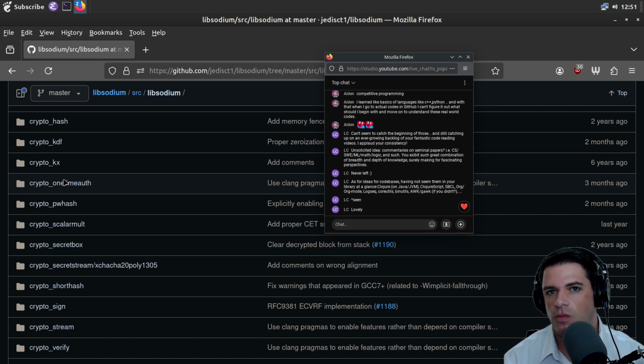And also, straight C is not the most readable thing in the world because you have less typing information than you would have with a more structured approach, like modern C++ or Rust or some other language where types are really a big part of the ecosystem and the lifestyle. So that's Libsodium.